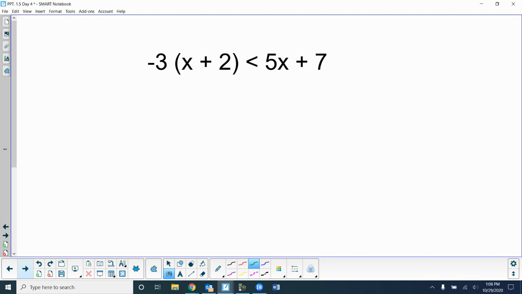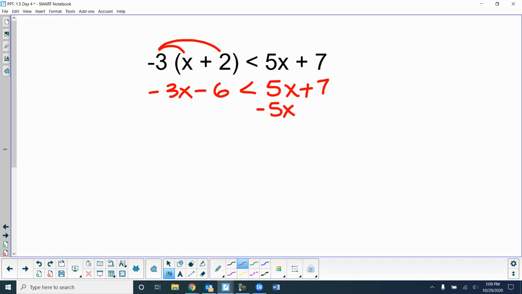What are we gonna do first, Zach? Factor. Yeah. Distribute. So we distribute that -3 and take the 5x over.